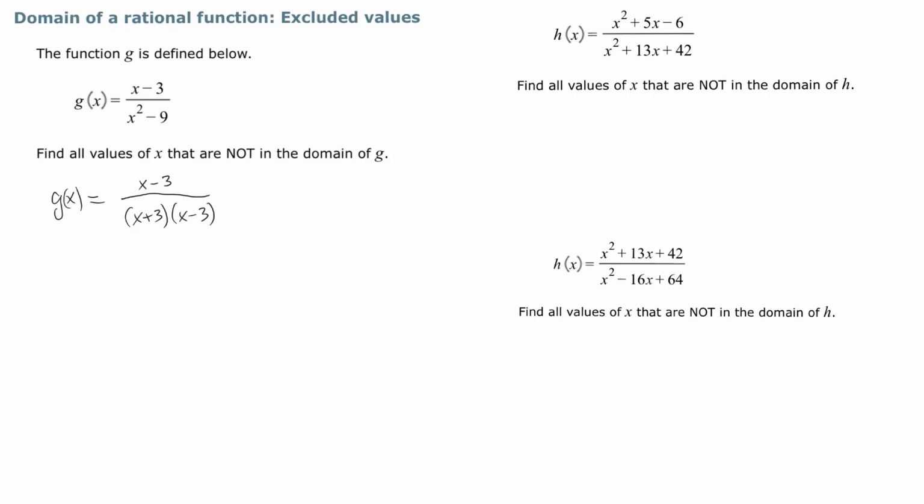Right here, this tells us a lot of information. This says that x plus 3 times x minus 3 cannot equal 0. We do not want 0 in the denominator. So x plus 3 can't be 0, and x minus 3 can't be 0. That means x cannot be negative 3, and x cannot be 3.